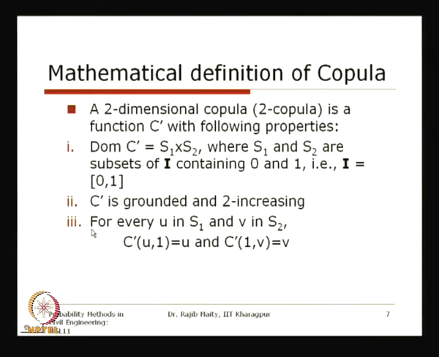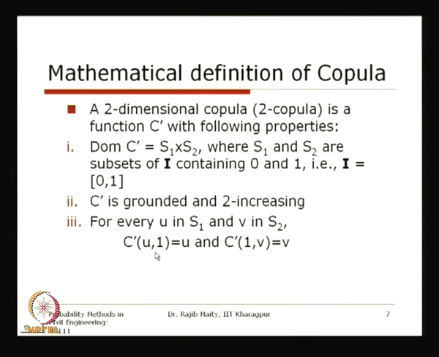The third property it should follow is that for every u in S1 and v in S2, there are two values we are referring to for the 2-dimensional case. One is in the direction of S1, which is also between 0 and 1, and the other is in the direction of S2, which is also between 0 and 1. So C prime of u, 1 is equal to u.